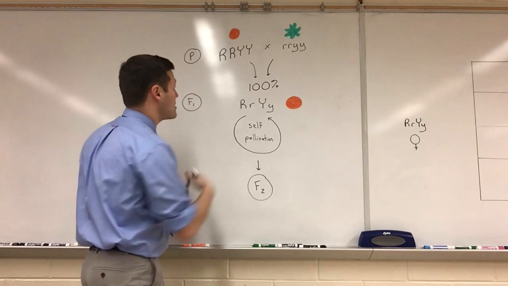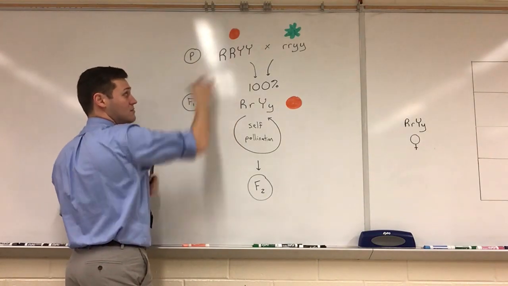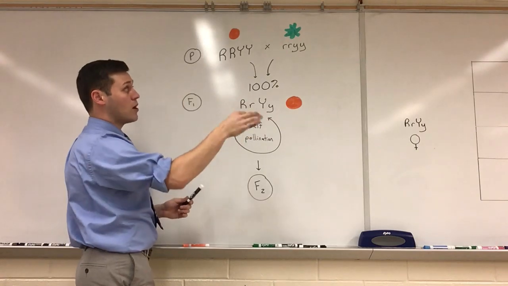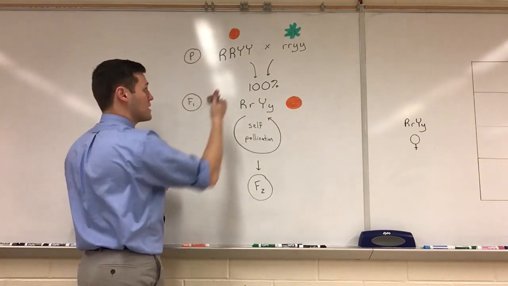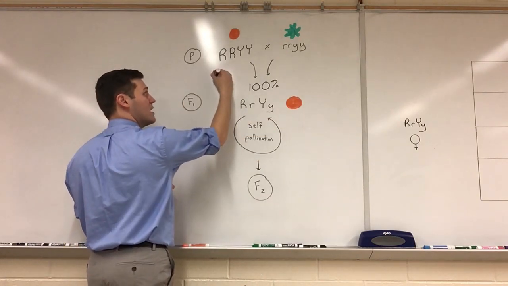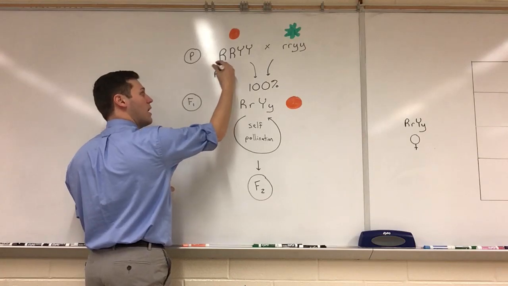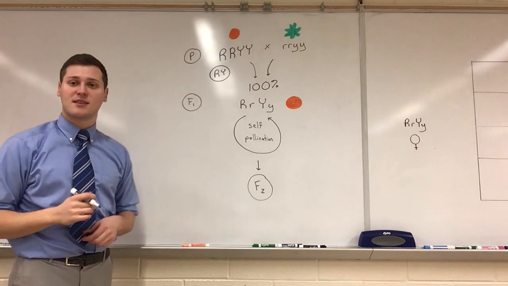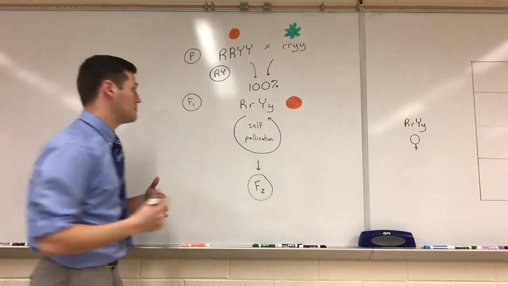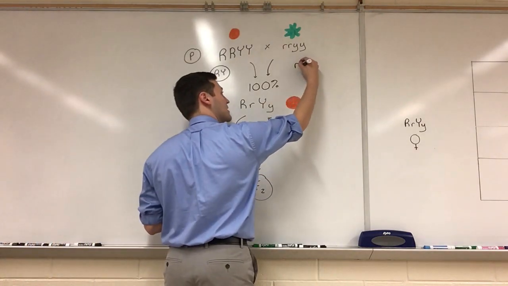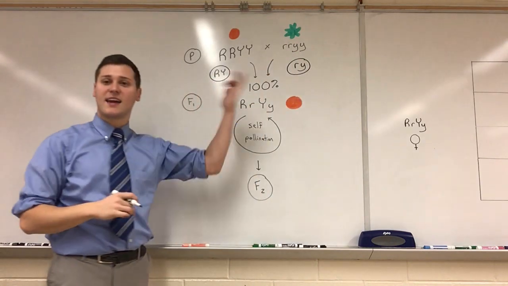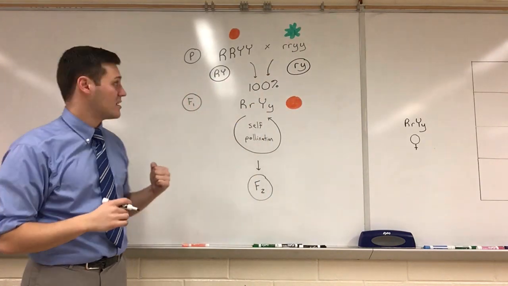And that's because this parent could only give one R and one Y. So this parent could only give a big R and a big Y, two dominant alleles in that parent's gamete and that parent's sex cell. And here, this parent could only give a little r and a little y in their respective sex cell.